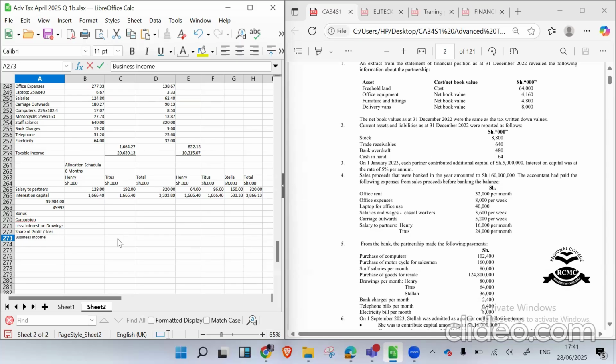So for the 8 months, business income yetu ni hii, right? Yes. So tuko kwa total, hii tunaweka kwa total. Cut letter hapa kwa total. For the 4 months, our business income is this.